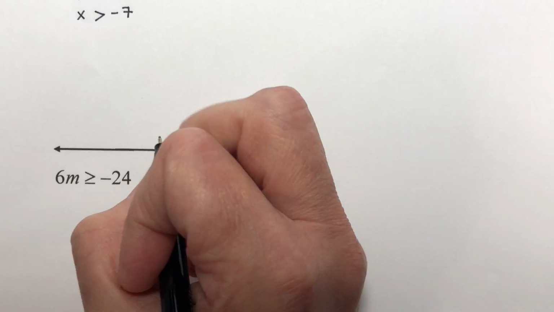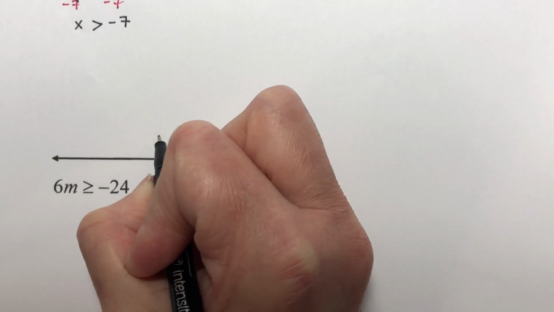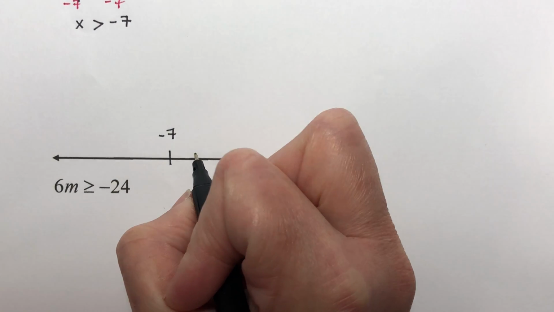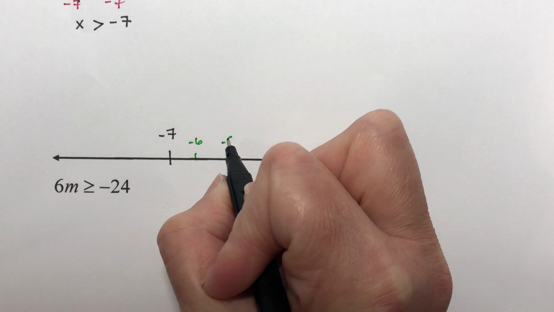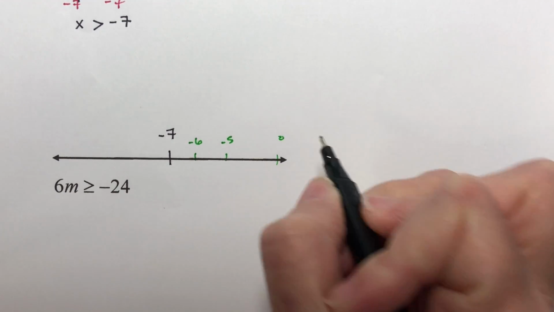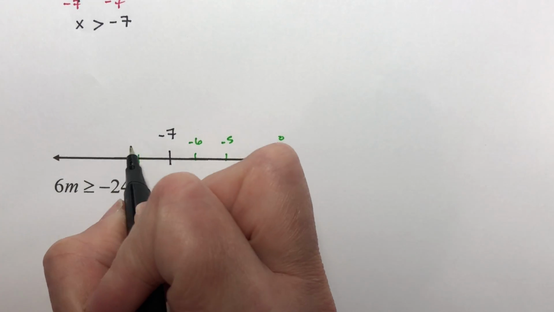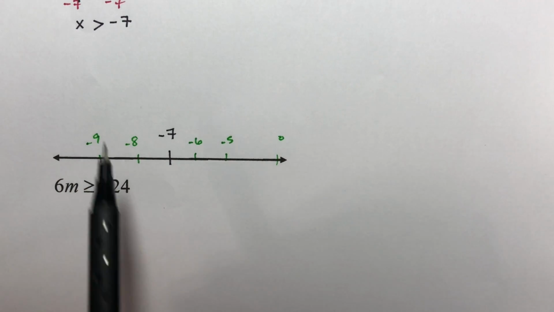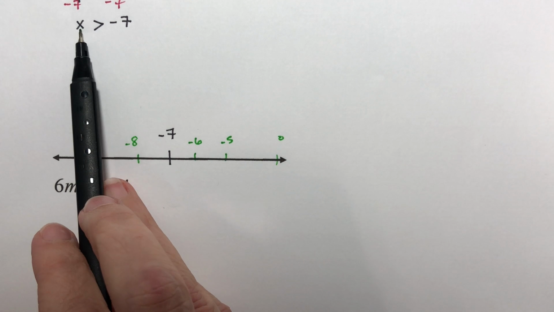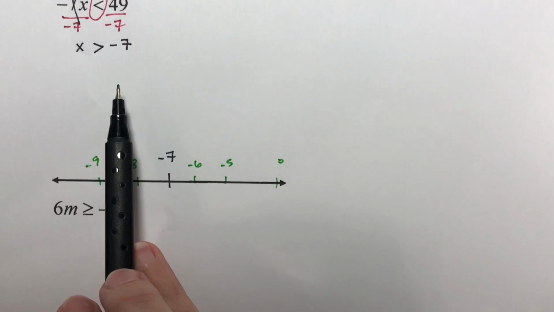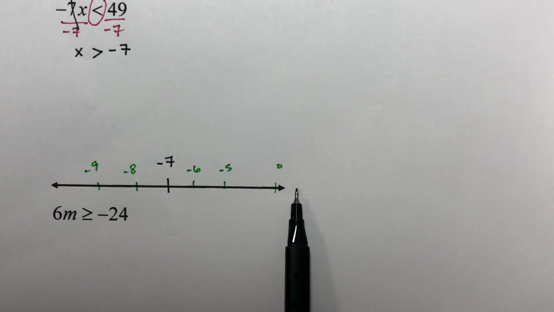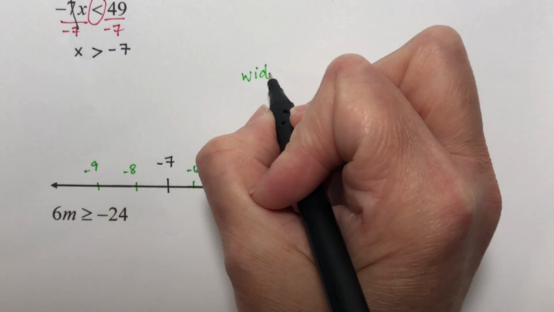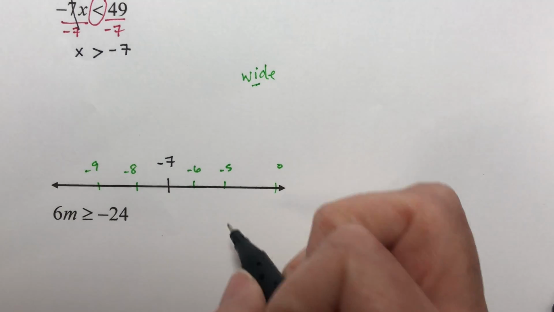Okay, so I need to put -7 on my graph. I need to figure out which side of this to shade. So -6 is here, -5, and you can go on up and you can put 0 up here if it helps. -8 on this side, -9 on this side. I'm looking for numbers that are bigger than -7. The numbers that are bigger are on the right. It's also on the wide side, and wide and right go together.